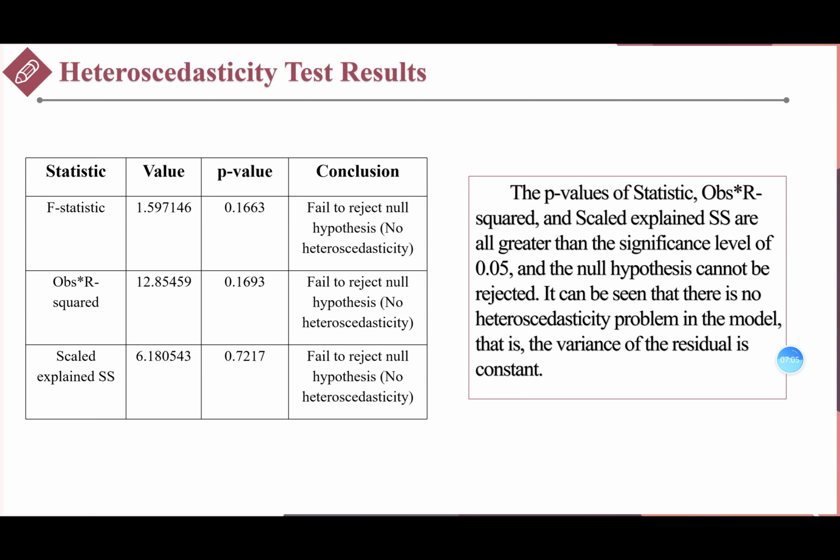And then I conducted a heteroscedasticity test. The table on the left is the results, and we can see that the p-values of the statistics Obs*R-squared and the scaled explained SS are all greater than the significance level of 0.05, and the null hypothesis cannot be rejected.